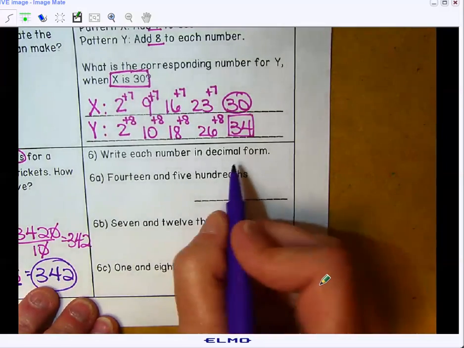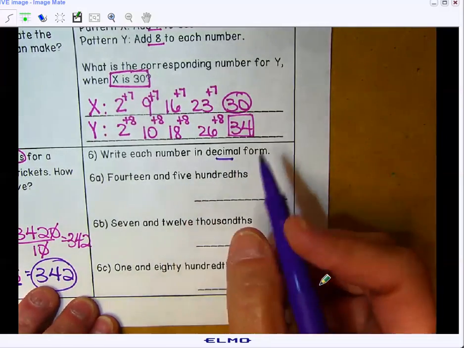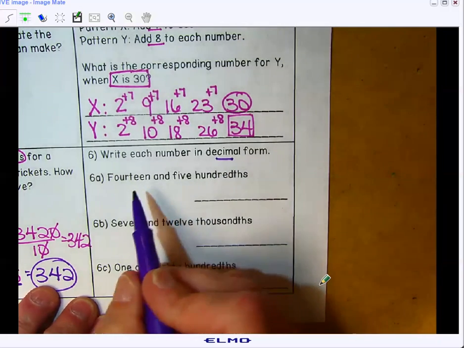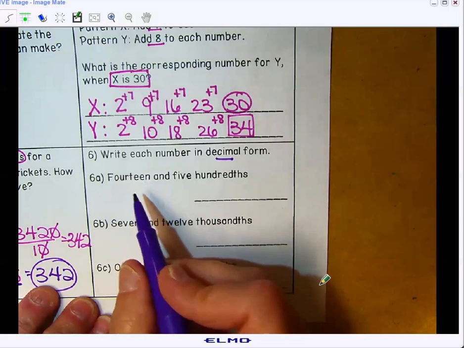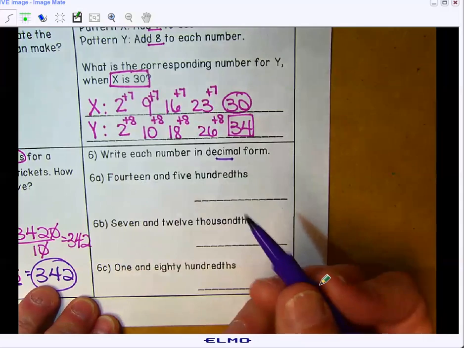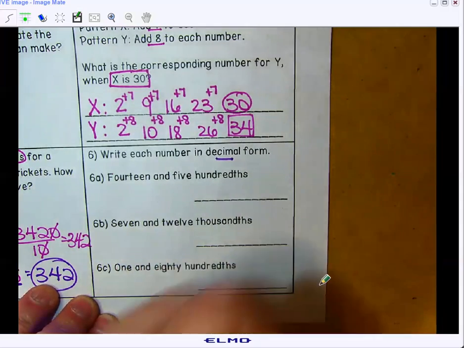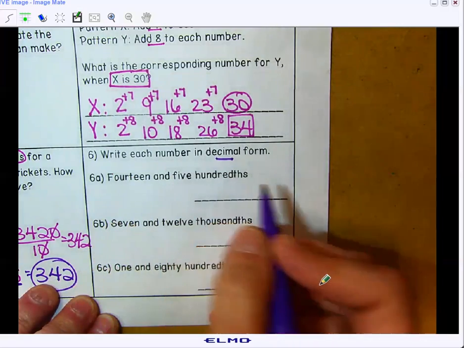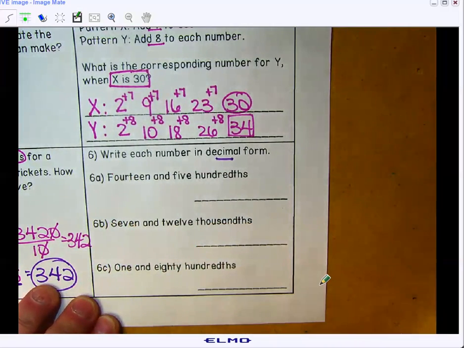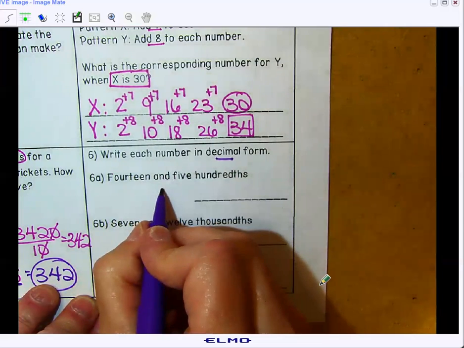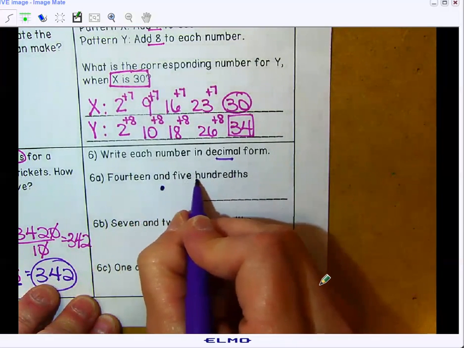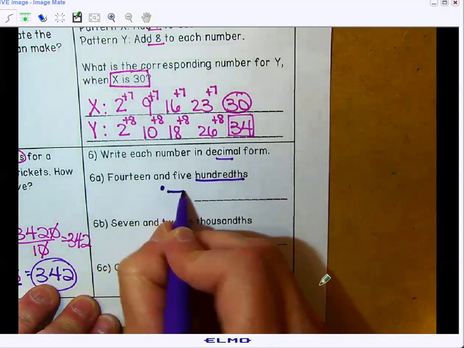Write each number in decimal form. So you can do this a couple ways. First, it's in word form. So you can write it as standard form, or you can write it as decimal form. And I recommend that you write it underneath so that you are writing the values exactly where they're supposed to be. So I know I'm going to have a decimal point. I also know that I'm going to go all the way out to hundredths place.